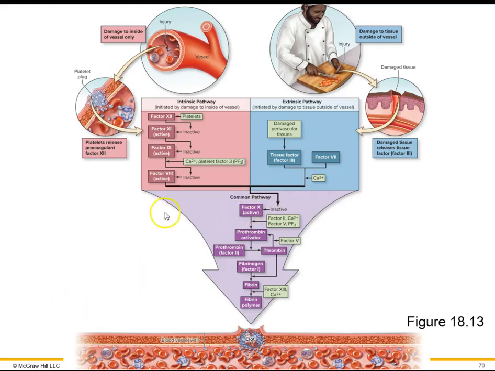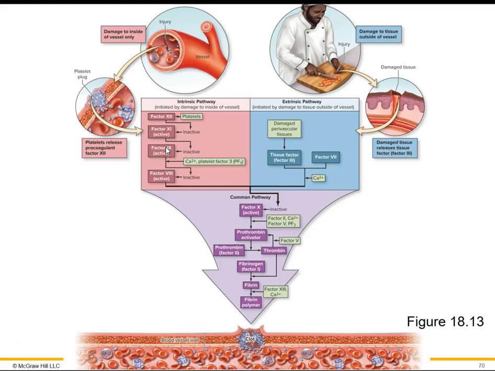Okay, let's pause there. What's going to happen when the inside of the vessel is damaged by that cut? Well, the intrinsic pathway is going to be triggered. Now remember, platelets are going to release factor 12 in response to damage to the inside of a vessel, and factor 12 is going to interact with inactive factor 11 to make it active factor 11. Factor 11 then goes on and activates inactive factor 9, so now we have active factor 9.